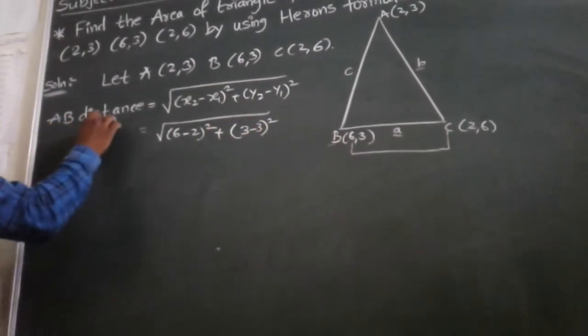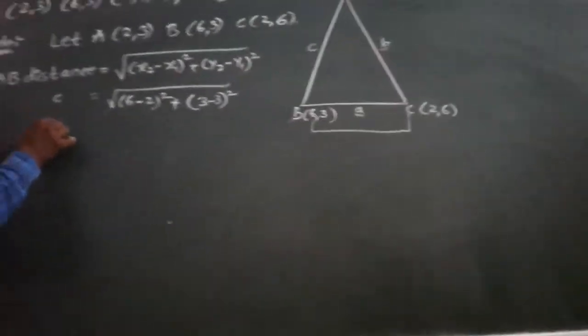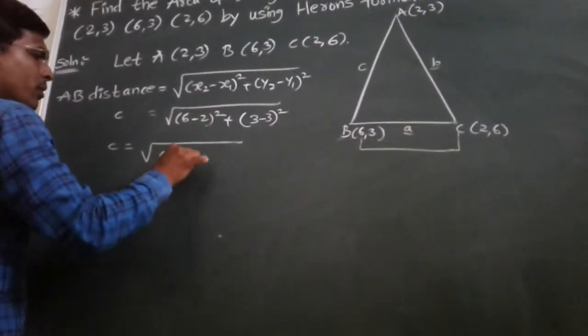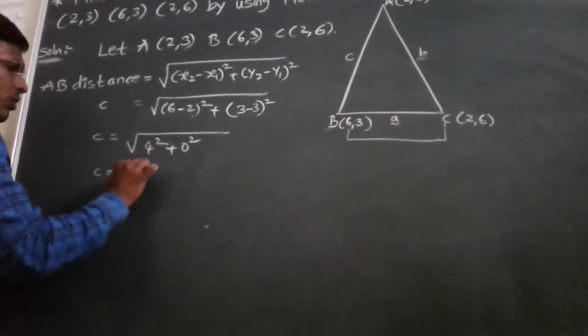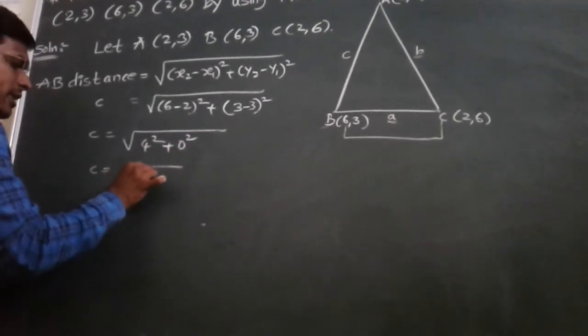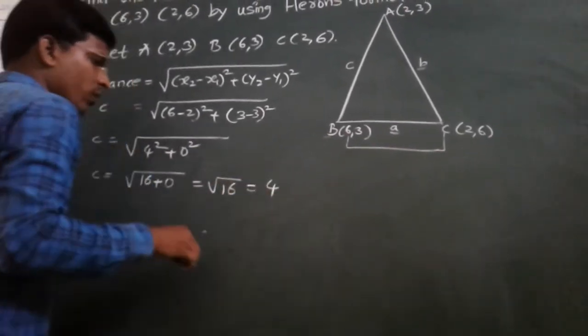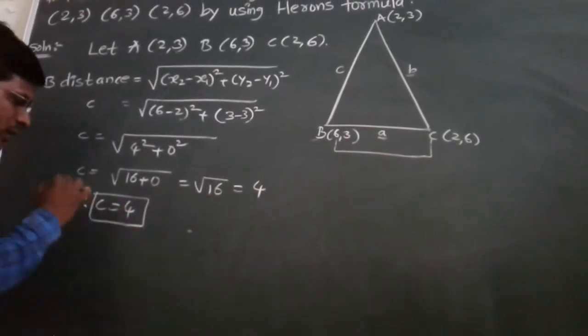The AB distance is nothing but the C value. So small c is equal to the square root of (6 minus 2) squared, 4 squared, plus (3 minus 3) squared, 0 squared, so 16 plus 0, the square root of 16, which is 4. Therefore the C value is 4 units.